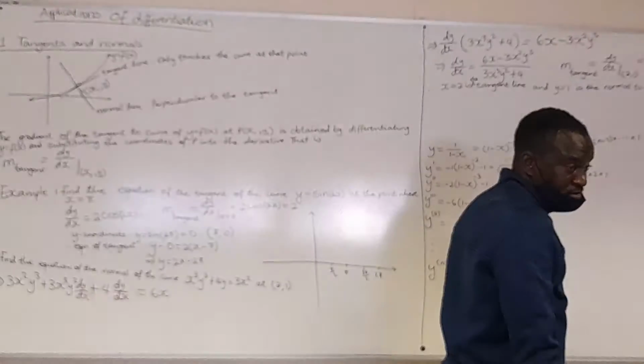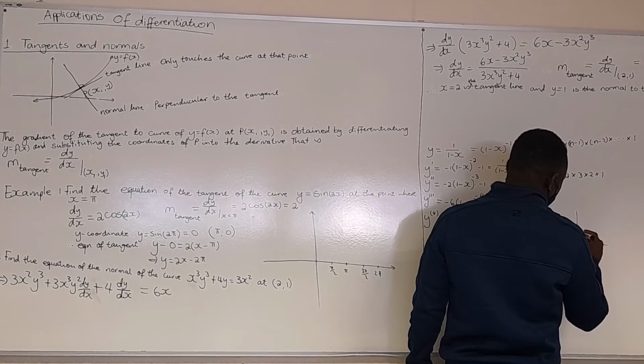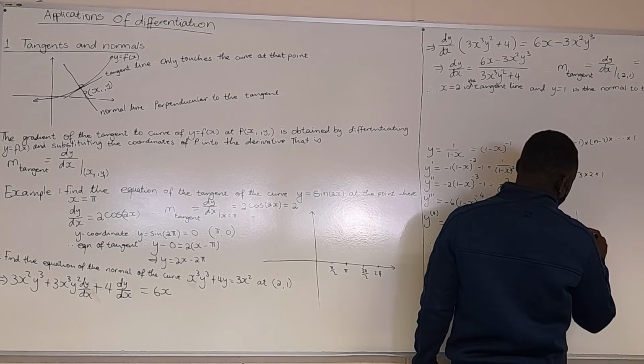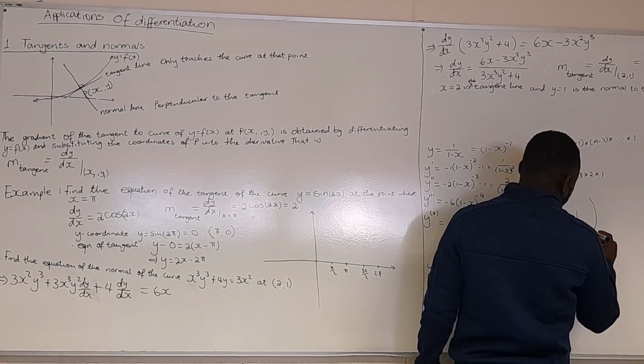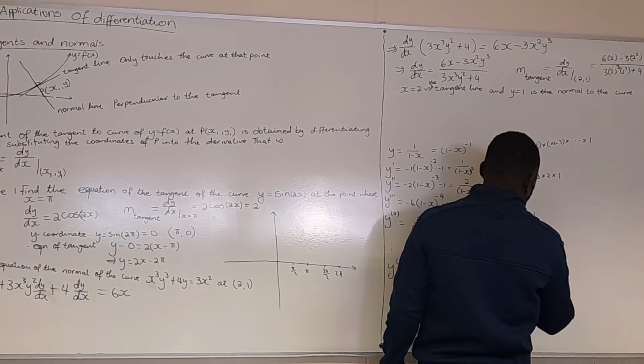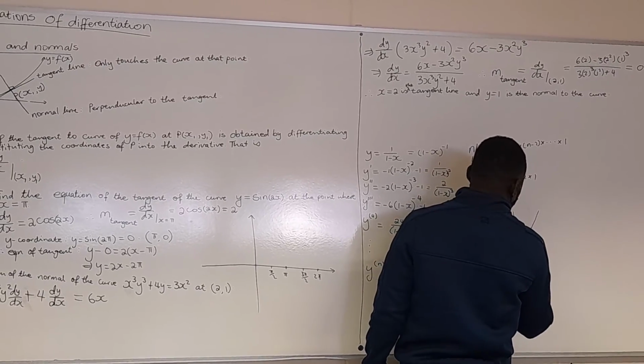First, you see, this is the point (2, 1). Let's say the curve maybe is like this. No, it's not like that. Maybe let's say the curve is kind of like a parabola.